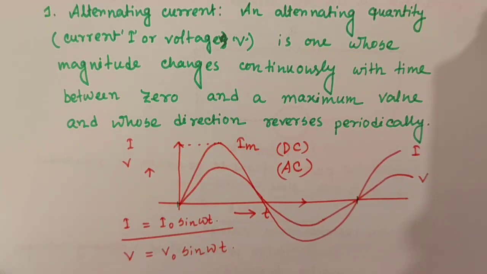As a result, the average value of the current for a complete cycle or any number of complete cycles is 0.